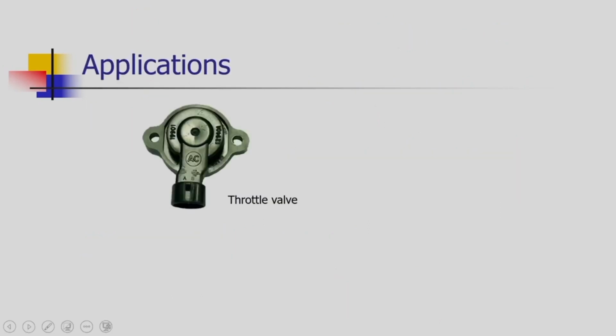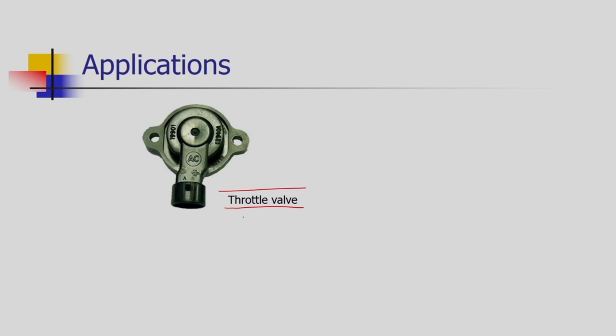So, what are the various applications of the potentiometer? Potentiometers are used in throttle valves. Throttle valves are used to control the flow of the gas or the fluid inside the combustion chamber.